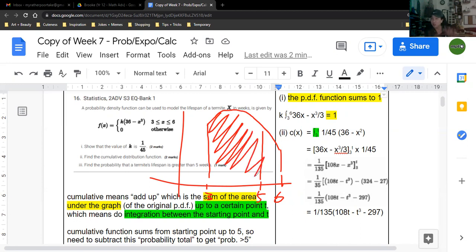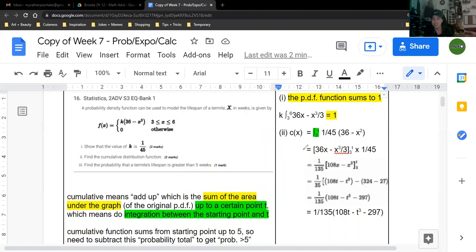So like how much total probability is contained from 3 weeks of life up to 5 weeks of life. So because we don't know how the user is going to use this function, like what point they want it up to, we need to define an extra variable t to be able to serve as the endpoint of how much space we are taking an accumulation of.